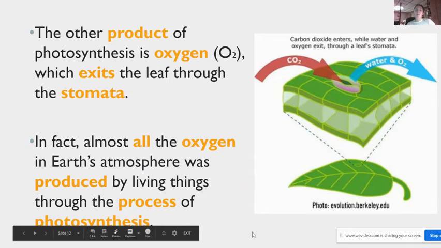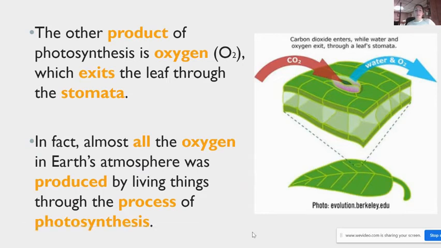Then the second product of photosynthesis is oxygen, which exits the leaf through the stomata. Carbon dioxide enters the leaf, but oxygen is released, exiting the leaf through the stomata as well.